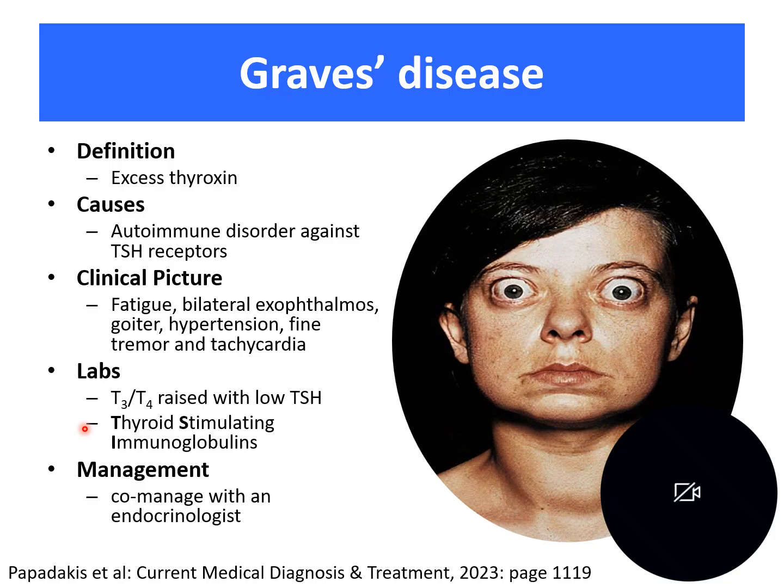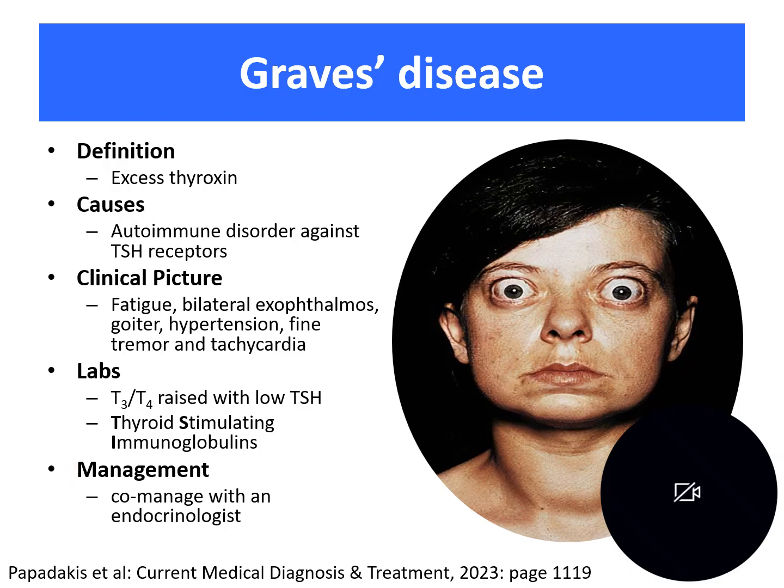They could be called thyroid stimulating immunoglobulins, TSI, or another term for this is anti-TSH receptor antibodies. Either one will do. The lab will know what you're asking for, do the right test and give you the right answer that you're looking for.